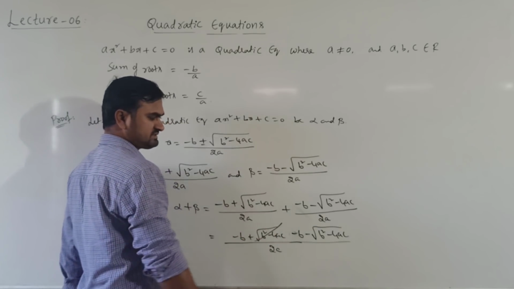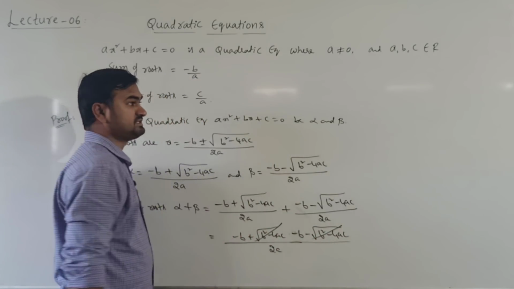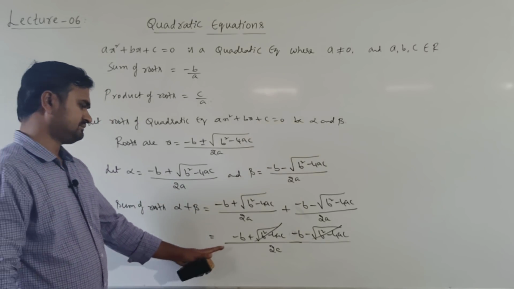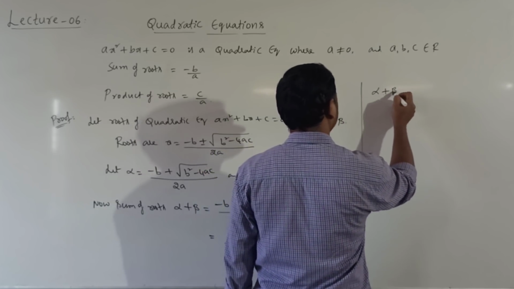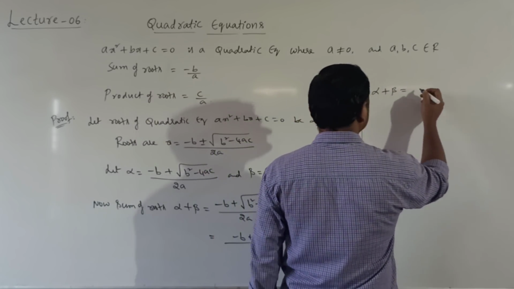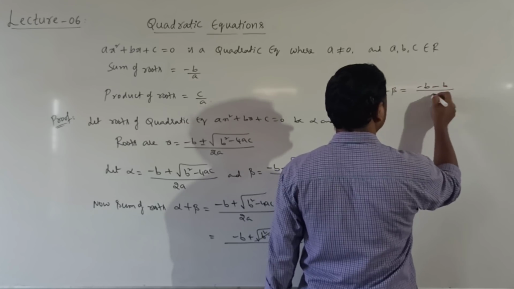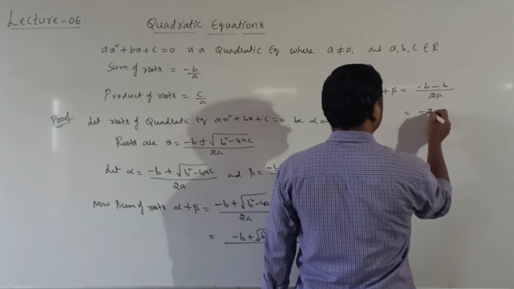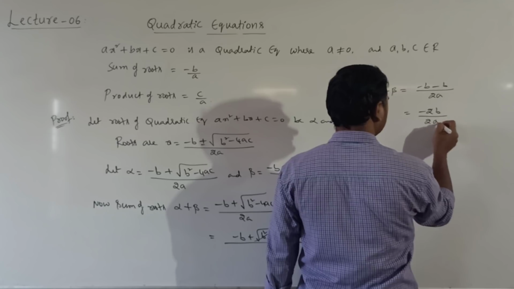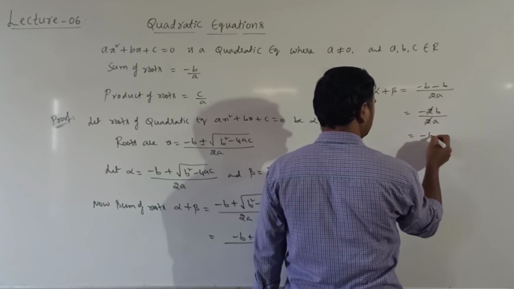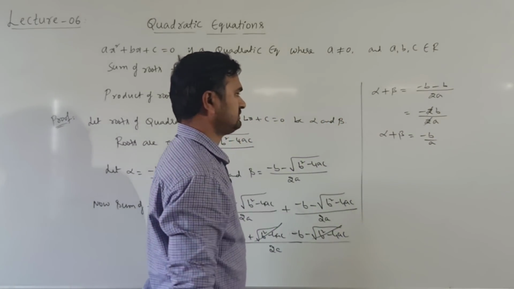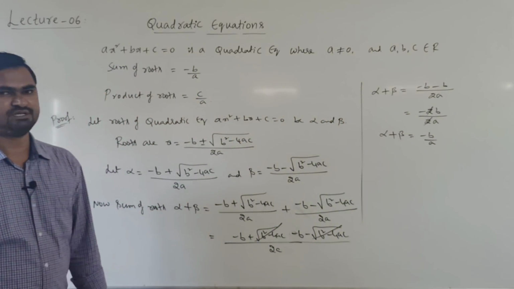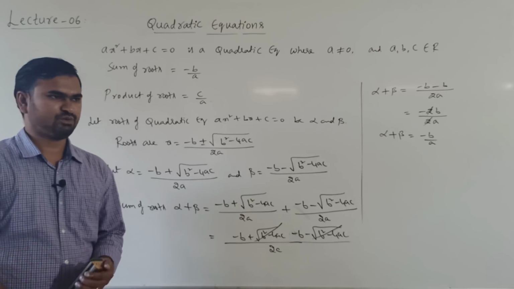Now plus root of b square minus 4ac and minus root of b square minus 4ac cancel. What remains in alpha plus beta is minus b minus b, that is minus 2b divided by 2a. The 2 cancels, so minus b by a. So the sum of roots alpha plus beta is minus b by a.